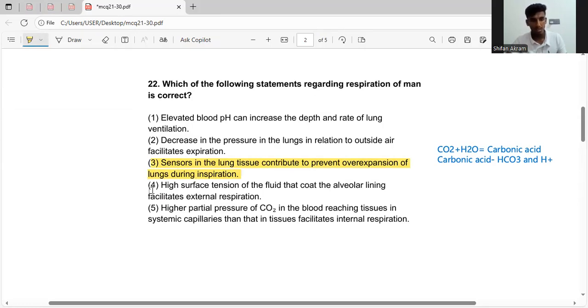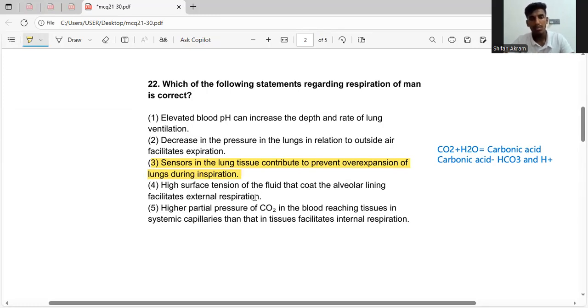Now let's go through the fourth answer. High surface tension of the fluid that coats the alveolar lining facilitates external respiration. So we know the alveoli is lined by a fluid. They are saying this fluid facilitates external respiration, but in reality, the fluid helps in gas exchange.